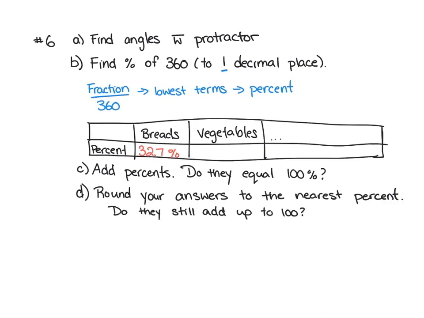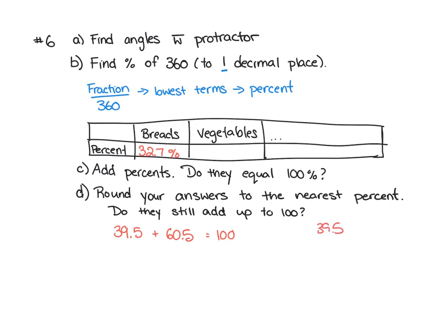For part D, they're going to ask you to round your answers to the nearest percent, so to the nearest whole number, and then see if they still add up to 100. So I'm just going to show you an example of what could happen. I'm using red again because these are not the answers, and I'm just going to add 2 numbers. If I had, let's go with 39.5, and I was going to add 60.5, they should add up to 100.